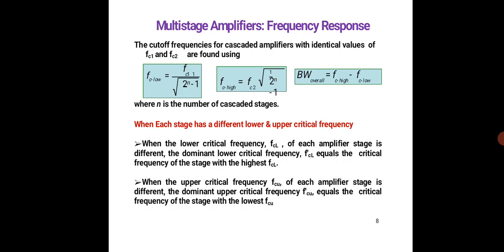When each stage has a different lower and upper critical frequency, the lower critical frequency is given by FCL, which will be different for each amplifier stage. Similarly, the upper critical frequency will also be different for every stage. That's what is given over here.